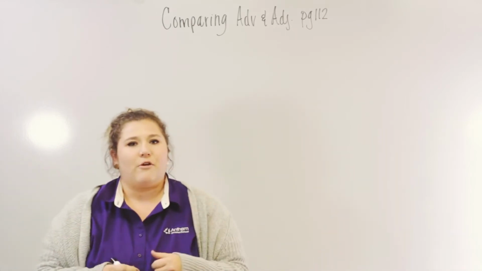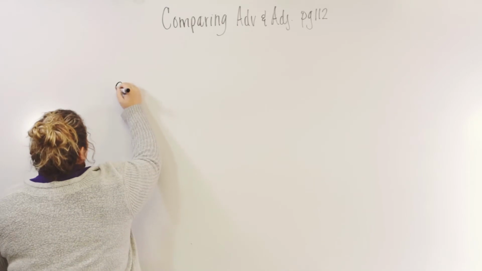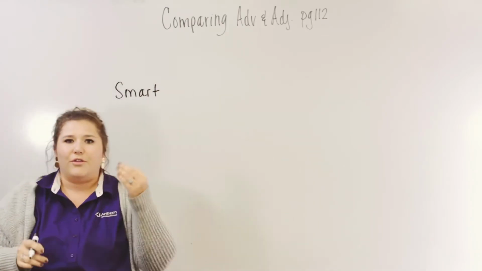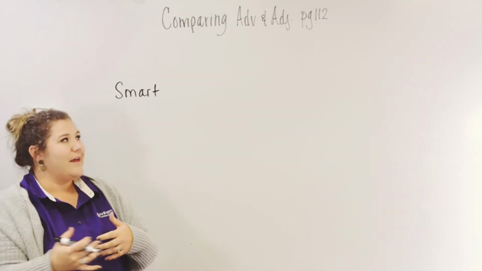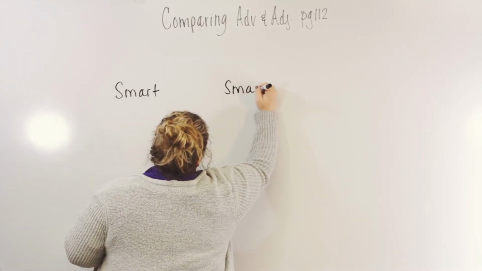Okay, so, for example, I use the word smart. Smart is going to be our 3rd place. But, like I said, someone else is smarter.